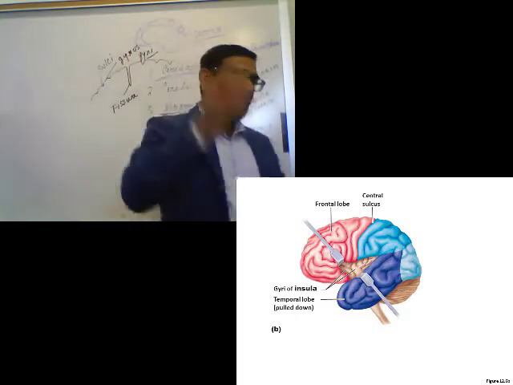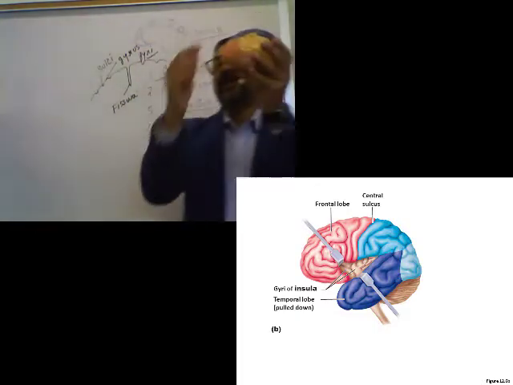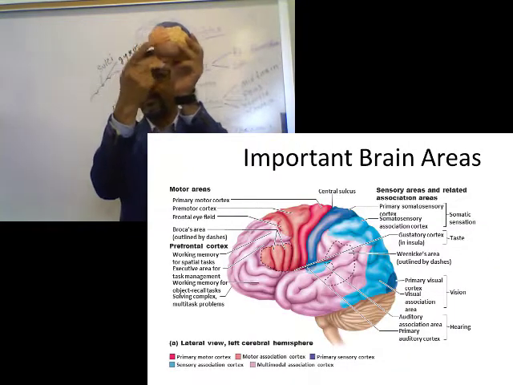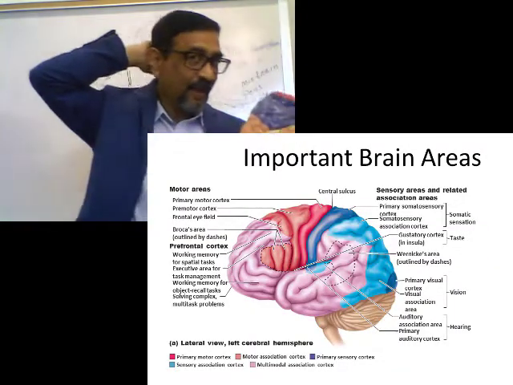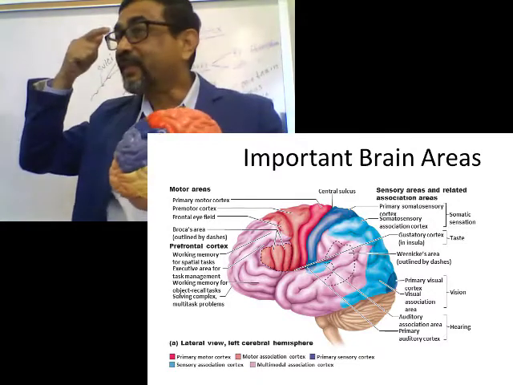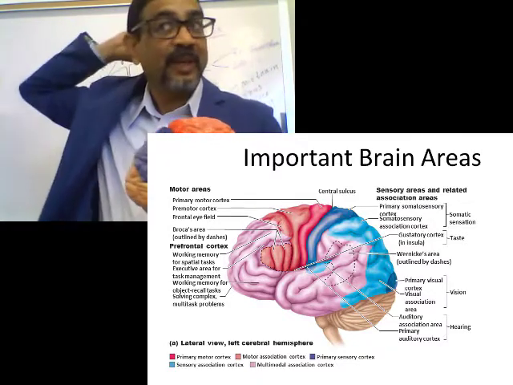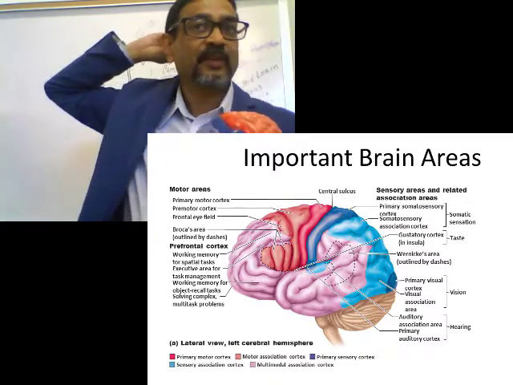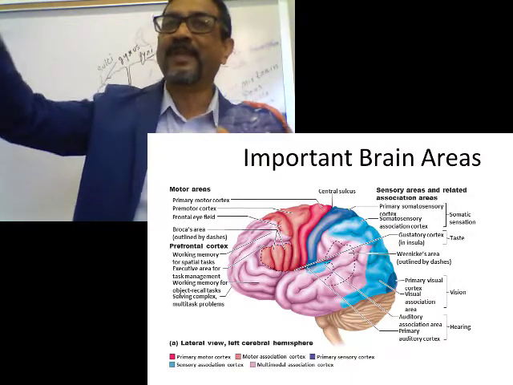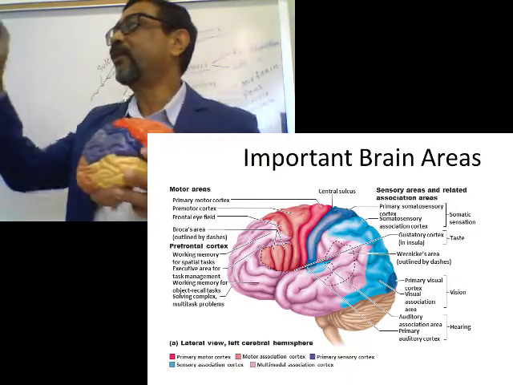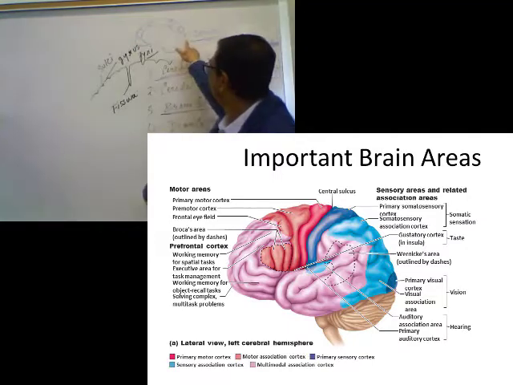In the back part, you see here, that is called the primary visual cortex. That means the signal from your eyes goes there and is processed there. That's why it is called primary, meaning main visual cortex. Here in the back.